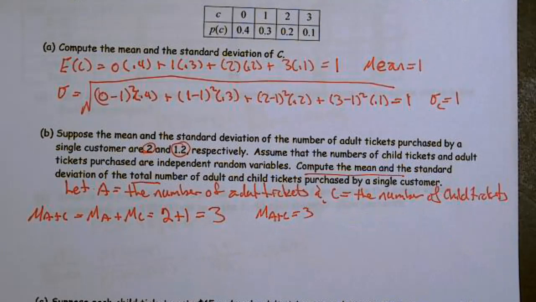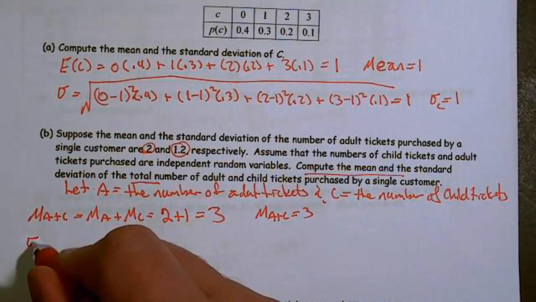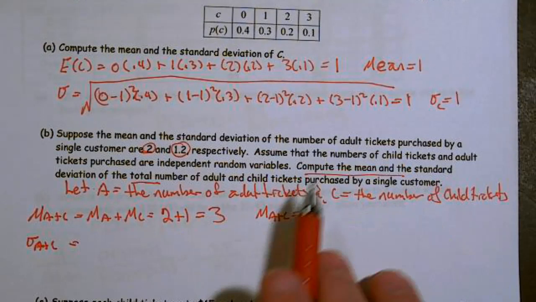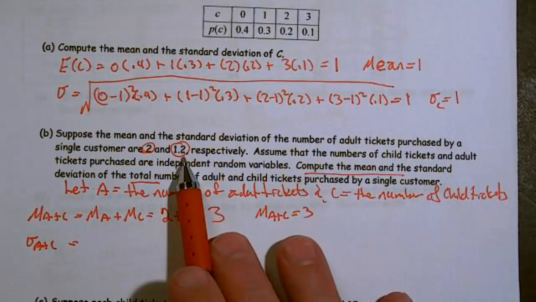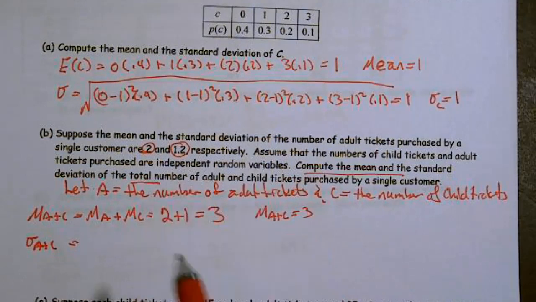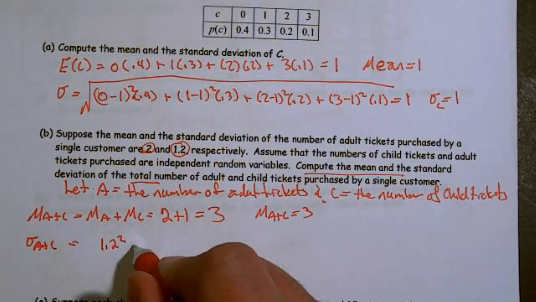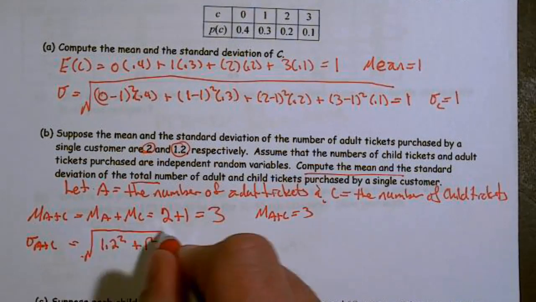Now we also want the standard deviation of A plus C. We know the standard deviation for the child is 1, and the standard deviation for the adult is 1.2. So we have to go 1.2 squared plus 1 squared, all under the radical.